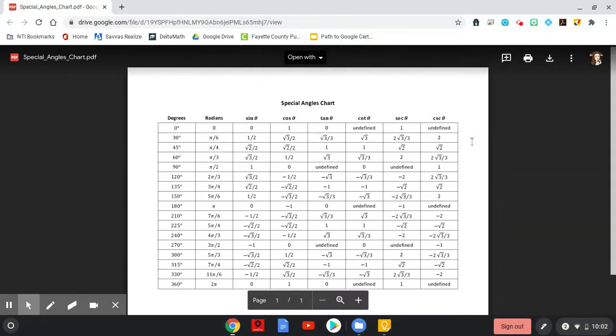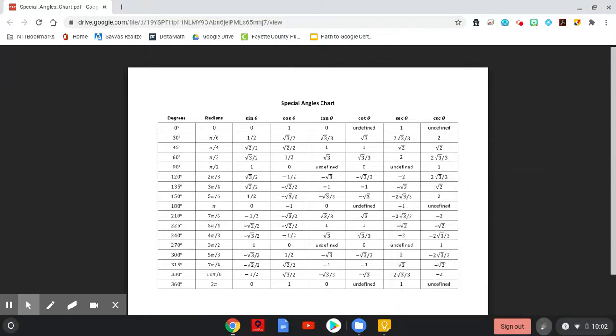Okay, cosecant of 7 pi over 4 is negative square root of 2.